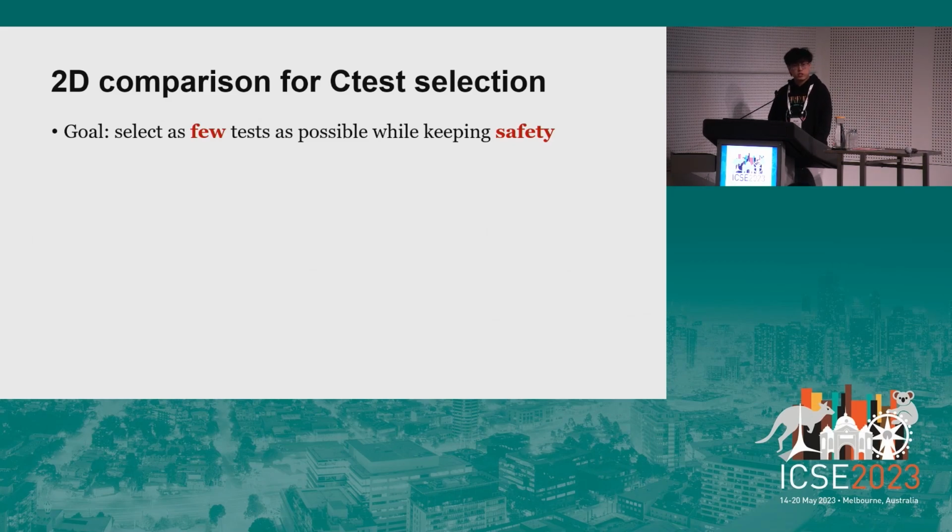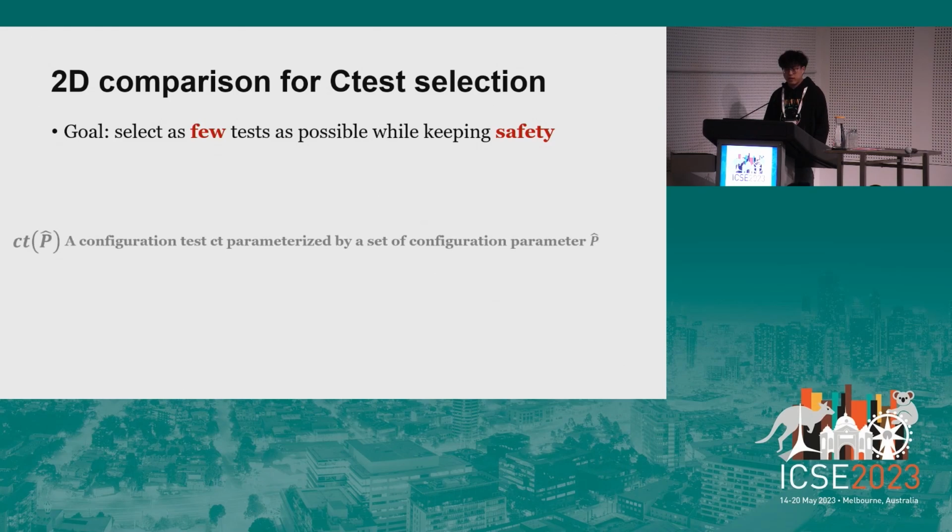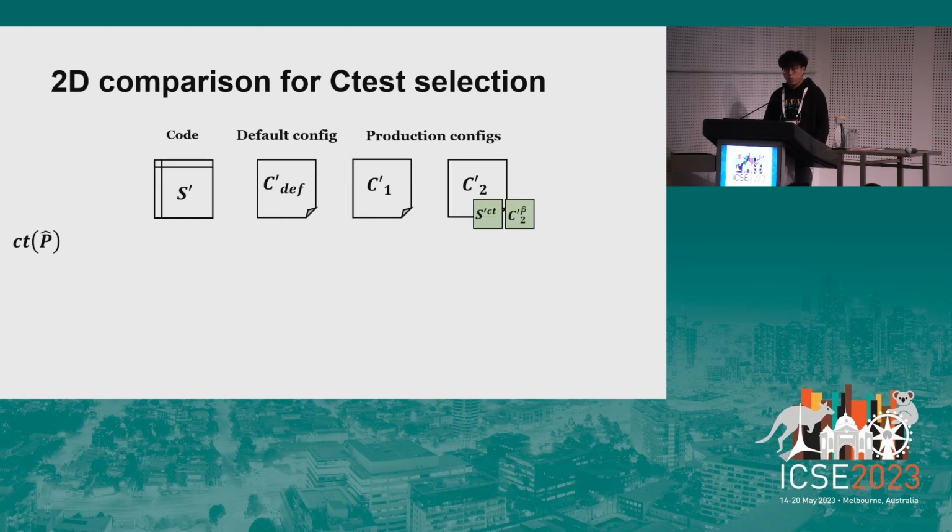With code and configuration dependencies, URTS performs two-dimensional comparison for C-test selection. The goal of this two-dimensional comparison is to select as few tests as possible while keeping safety. Given a configuration test, CT, parameterized by a set of configuration parameters P hat, let's think of a situation with one default configuration and 2 production configurations.